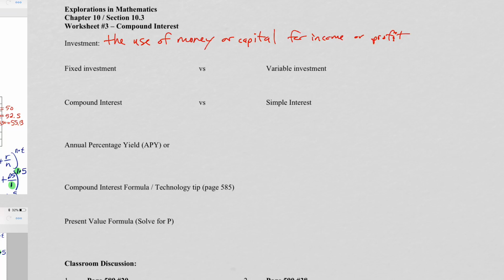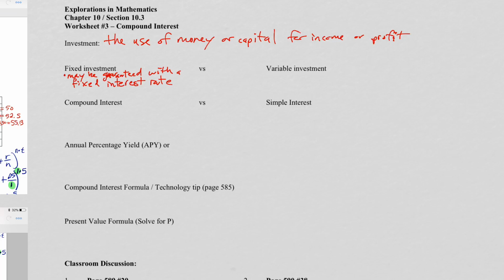Now, fixed investment versus a variable investment. A fixed investment is basically guaranteed. And that guarantee is going to be with a fixed interest rate. It's not going to be variable.